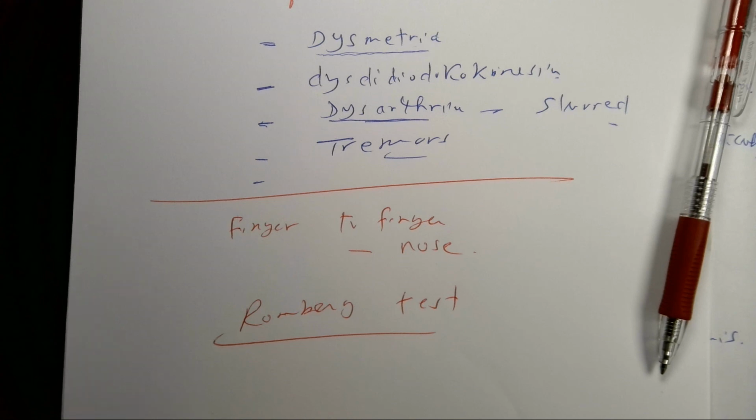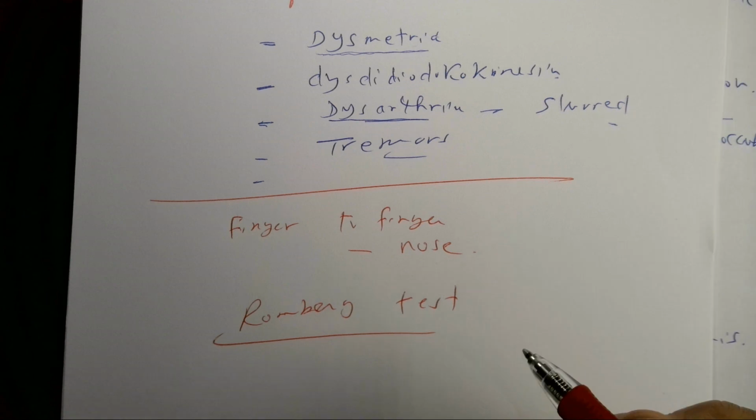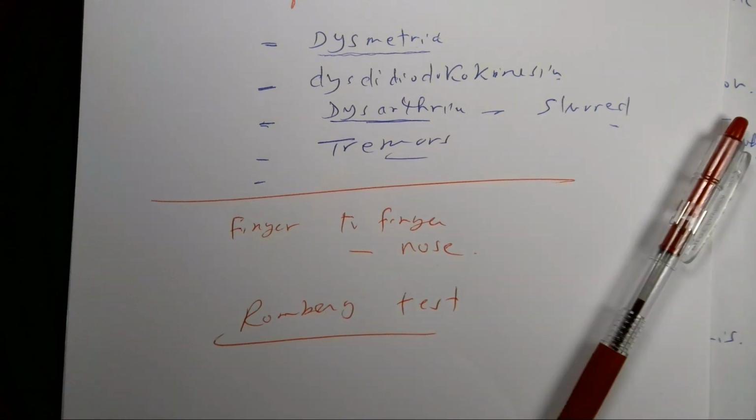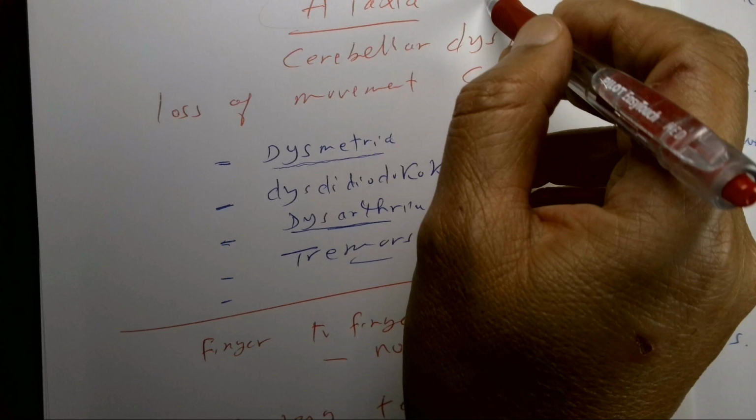You will see that he is swinging and cannot control the balance. And also there is the heel to shin test, when you ask your patient to touch the shin of the leg with the heel, and they are going to miss the point again. So there are different tests for ataxia.